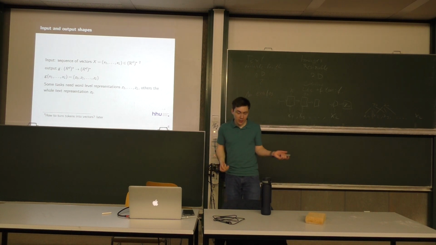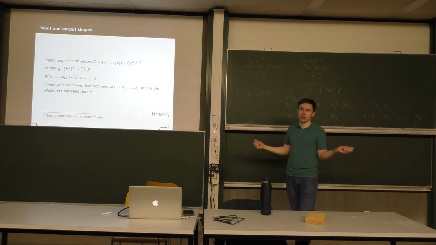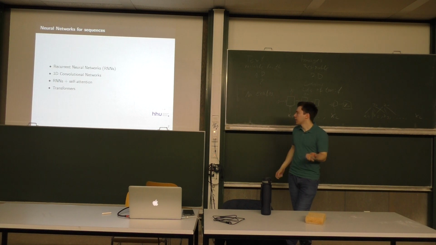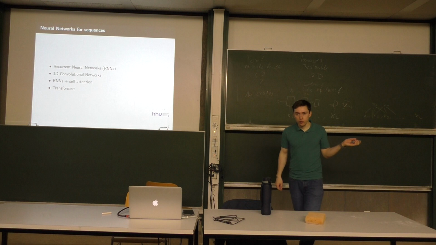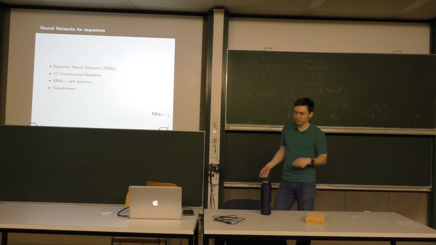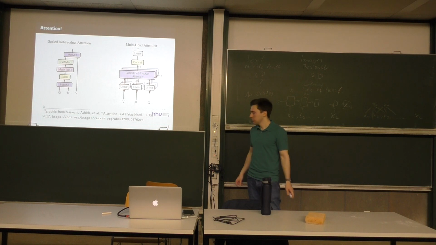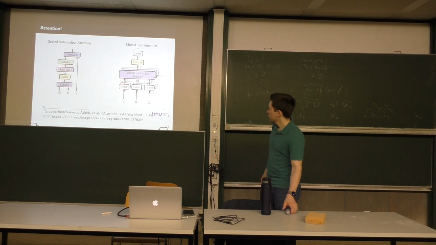So the way to solve this is to learn the interaction, to learn which words are related to which other words. And this is done by attention. And you can combine the attention mechanism with RNNs, or you can only use attention, and then you come to transformers.